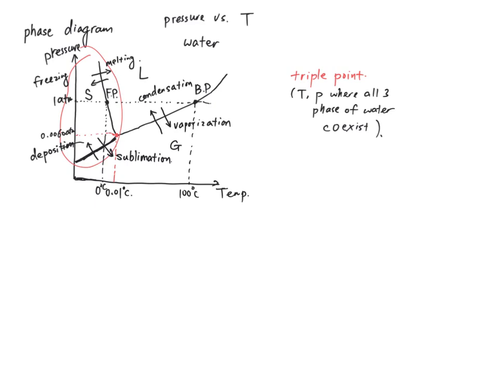But as of right now, everything that you need to know about phase diagram is introduced here. Okay, as long as you know what these processes are called, how to read a phase diagram, find your boiling point and freezing point at a given pressure, and what triple points mean, now you should be good.